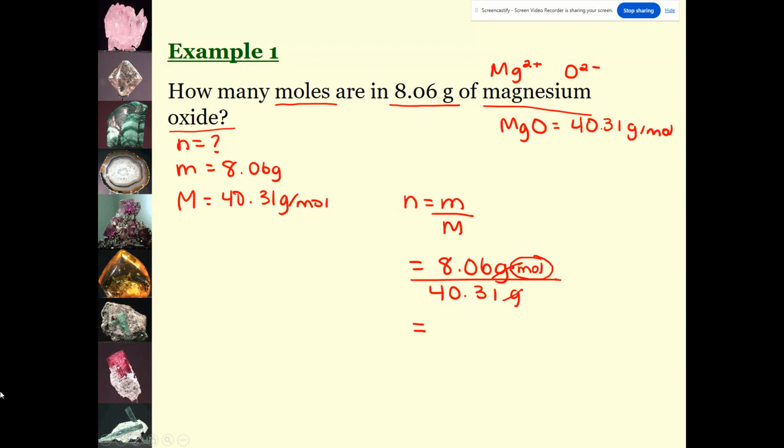8.06 divided by 40.31 gives us an answer of 0.1999 and so on moles. Now sig digs. So I'm multiplying and dividing, so I look at the total sig digs in each number. There's 3 sig digs and 4 sig digs. The lowest is 3.